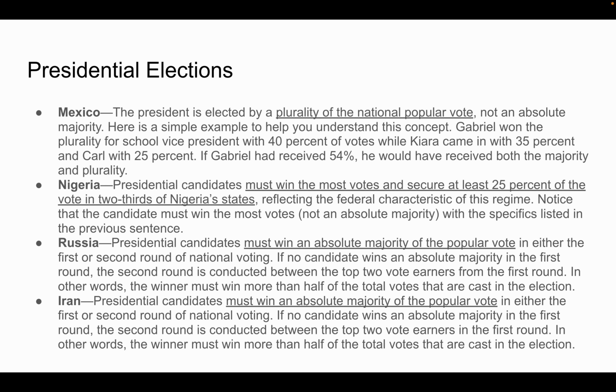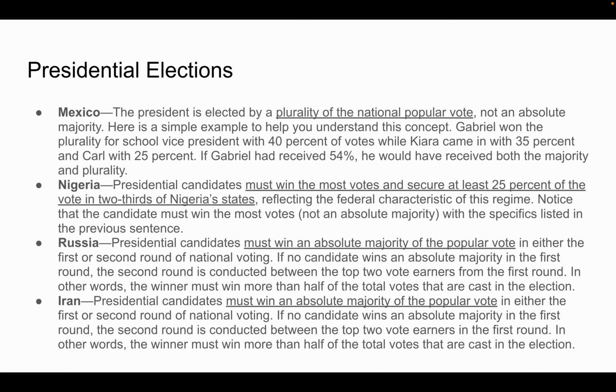So let's look at Mexico. In Mexico, the president is elected by a plurality of the national popular vote, not an absolute majority. Simple example, just for the sake of understanding this concept. Let's say candidate Gabriel won the plurality for school vice president with 40% of votes, while Chiara came in with 35% and Carl with 25%.